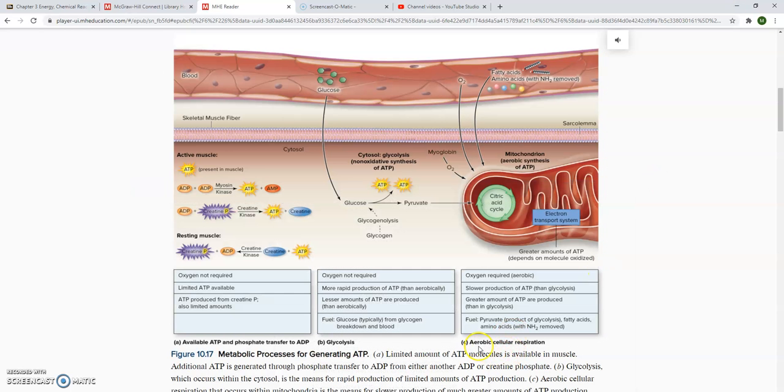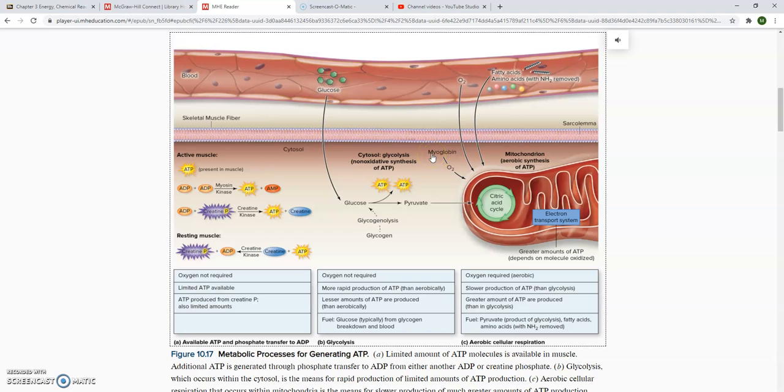We call this part of cellular respiration aerobic because it does require oxygen. None of these others actually required oxygen, but this one does. You can see the oxygen coming to the mitochondria. The oxygen will either come from the myoglobin, and that was one of our structures of a skeletal muscle fiber cell that we need to know.